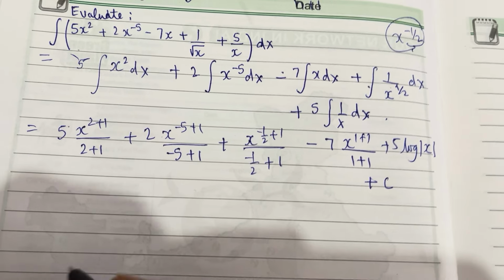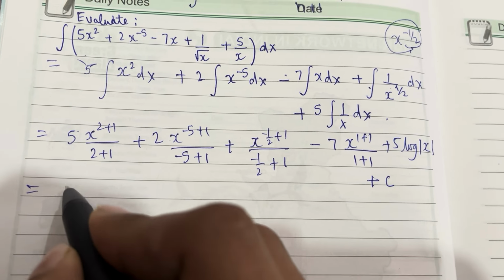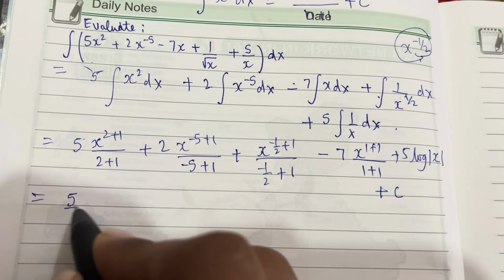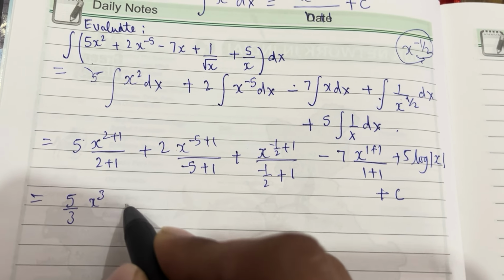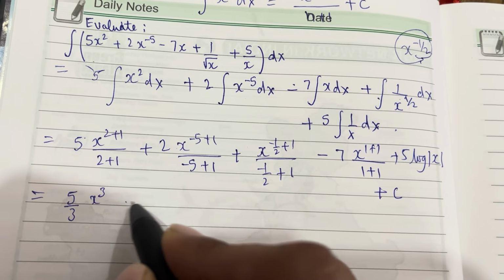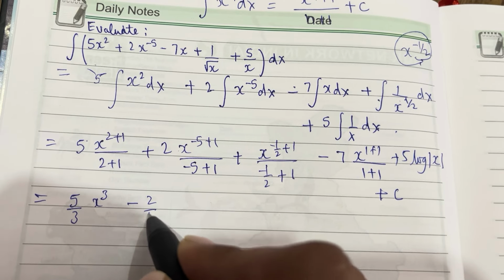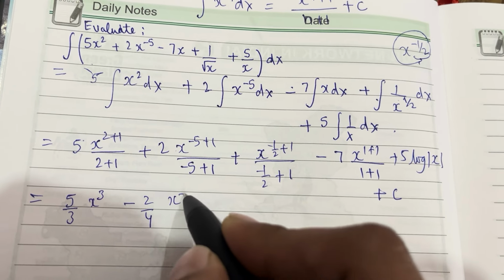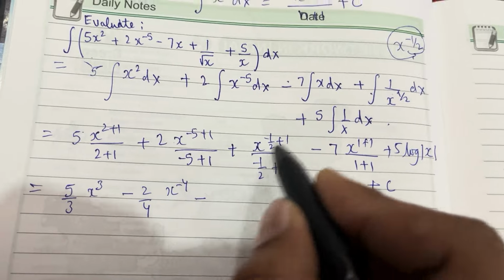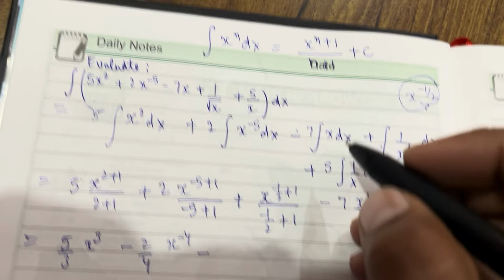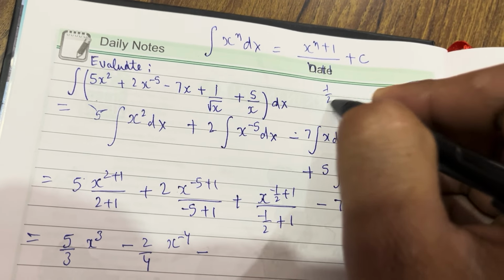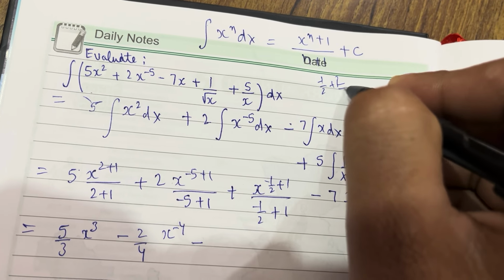Okay, now further evaluating, we will get 5 upon 3 x raised to power 3. Now here is minus 4, so it will be minus 2 by 4 x raised to power minus 4. This is equals to evaluate it first. Okay, minus 1 by 2 plus 1, we can write like 2 by 2.